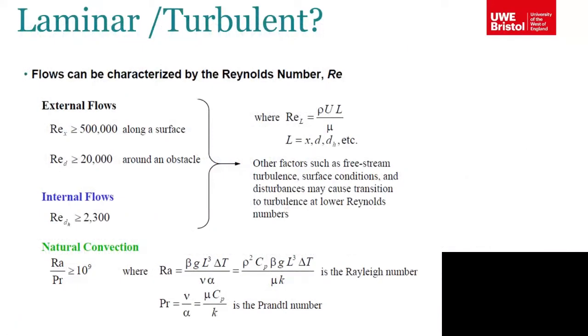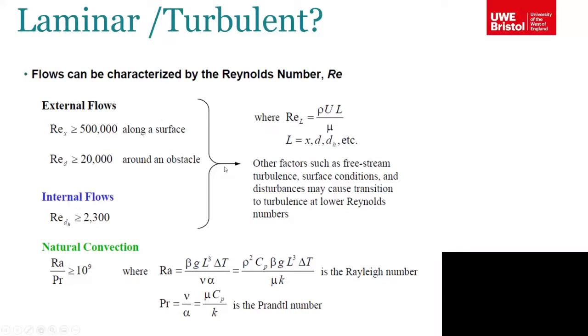Reynolds number for external flows along a surface should be greater than 500,000 for the flow to be turbulent.